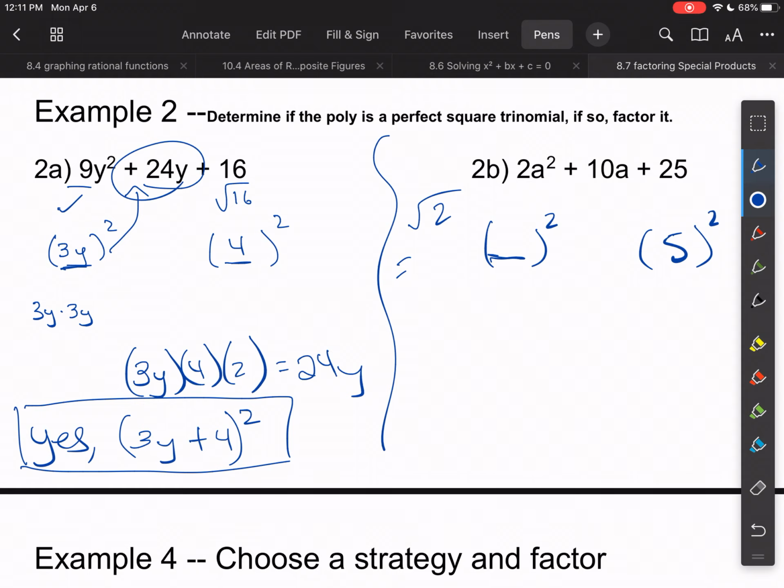So this thing is not a perfect square trinomial. 2a squared is not a perfect square. Nothing times itself gives you 2, except for some crazy decimal. So the answer to this is no, not a perfect square trinomial.